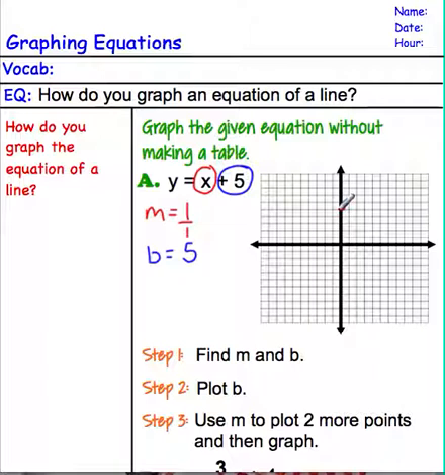And then, because my slope is 1 over 1, I'm going to count up 1 over 1, up 1 over 1 to make my points. And finally, I'm going to go ahead and graph my line. And there we go. If you want to extend it out further, you can, but this is the minimum requirement.